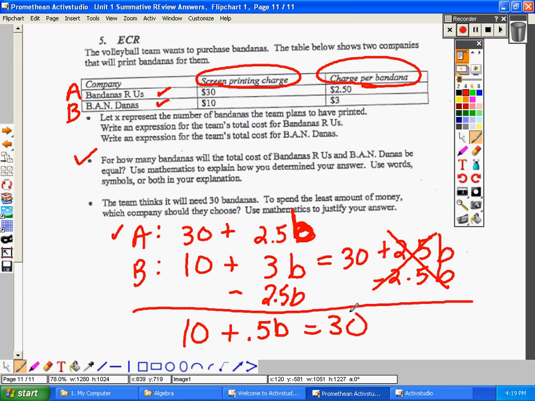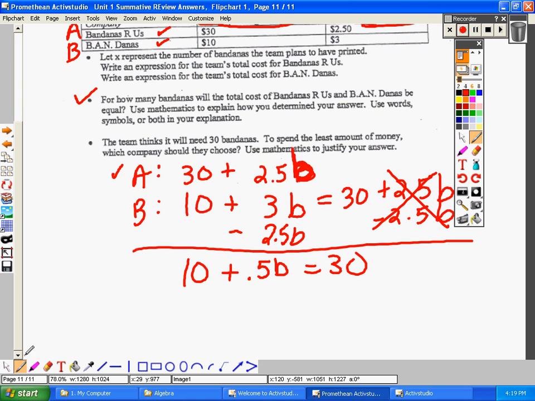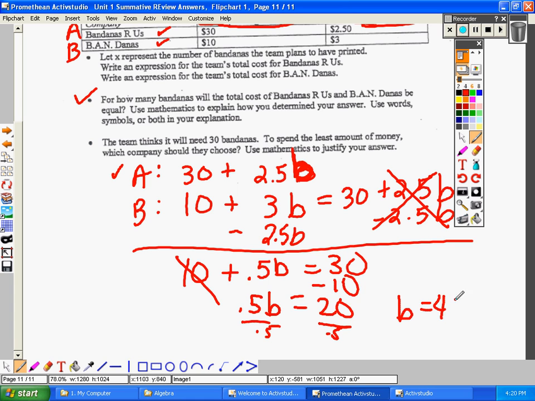Then I'm going to subtract 10 on both sides, which will get us 0.5b is equal to 20. And last, we're going to divide by 0.5, and we get b equals 40, which means at 40 bandanas, they are going to be equal.